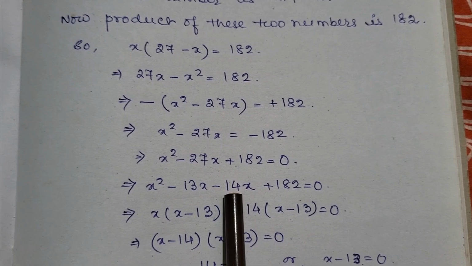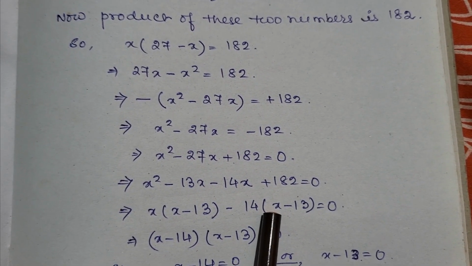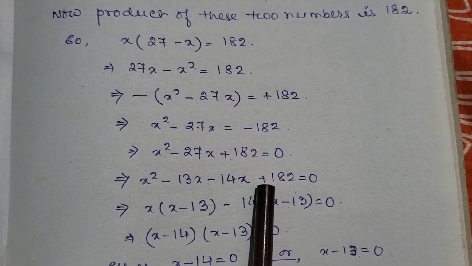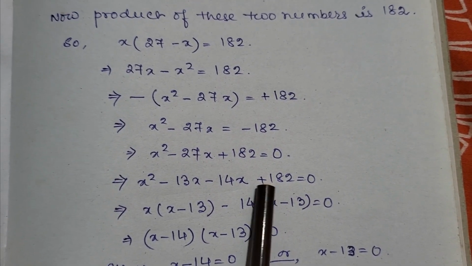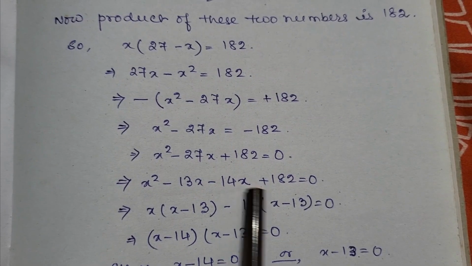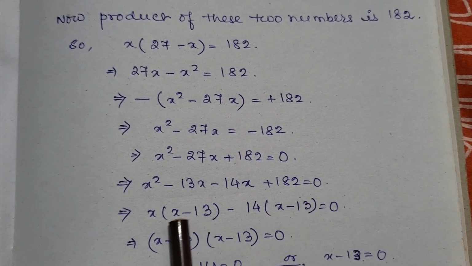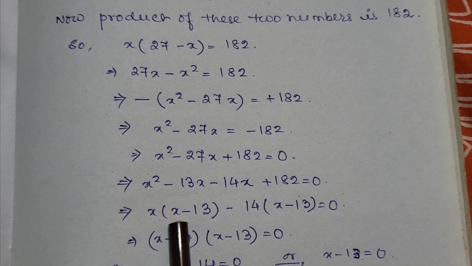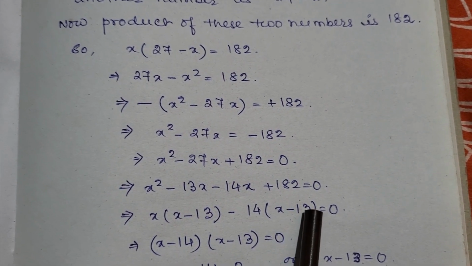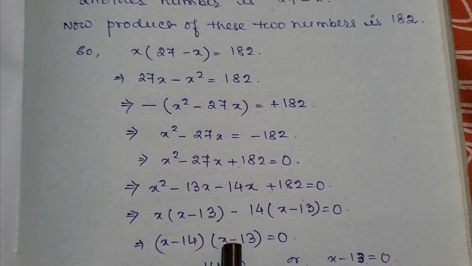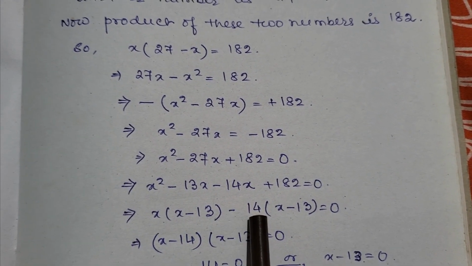So from this term, we are left with exactly an x. Since minus was taken common, this plus becomes a minus, and 182 divided by 14 gives you 13. So from these two terms, now we can take common the term x minus 13, since it is here as well as it is here. So x minus 13 is taken common, and we are left with x minus 14.